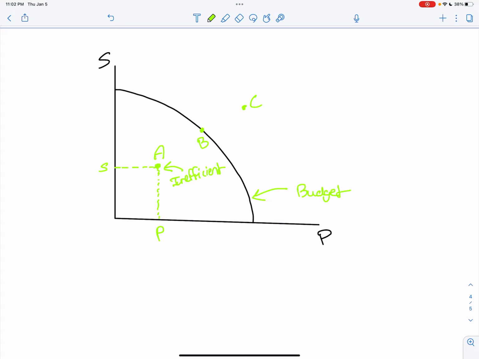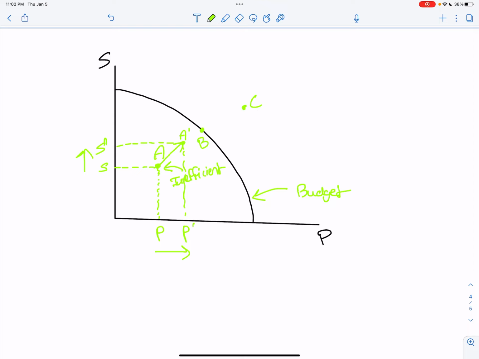So all it has to do is really increase the amount of spending, say to this point here, call it A prime, and just like that, it would have more P and more S, right? Over here, from S to S prime, that's an increase, and from P to P prime, that's also an increase, right? So A is inefficient for that reason.